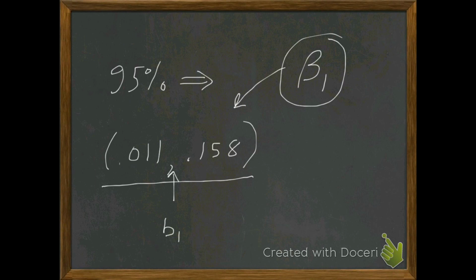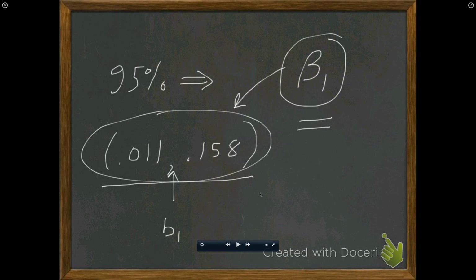It is not appropriate to say there's a 0.95 probability that beta 1 is contained in that interval, because we don't know beta 1. It's unknown. It definitely contains B1, because we used B1 as the center of our calculations. We can only express our confidence interpretation on the confidence interval. We can specify a probability based on the interval, but we can't specify a probability based on something we don't know, and beta 1 will always be unknown.